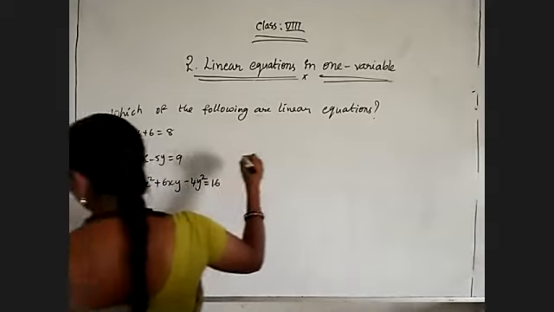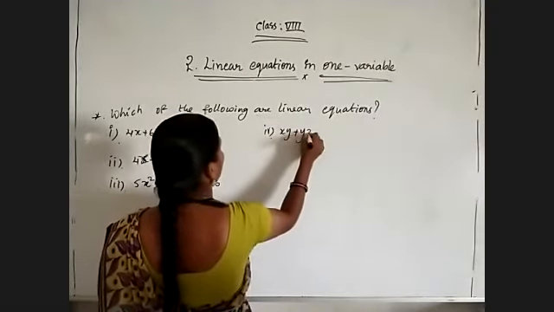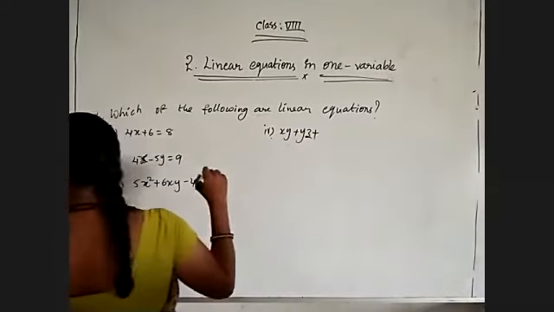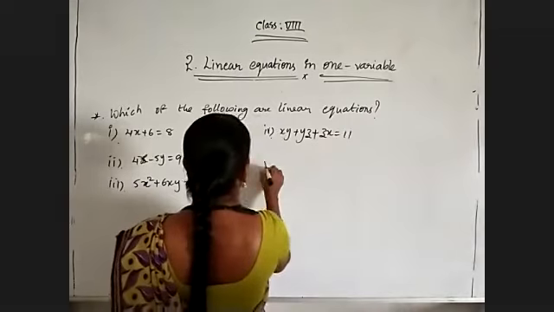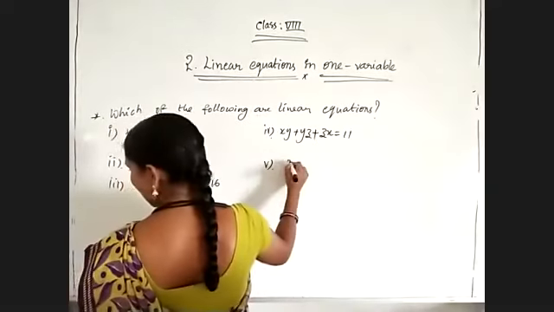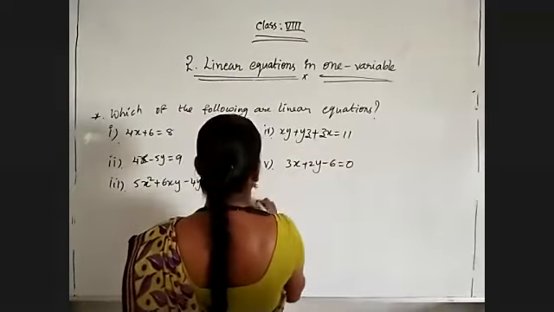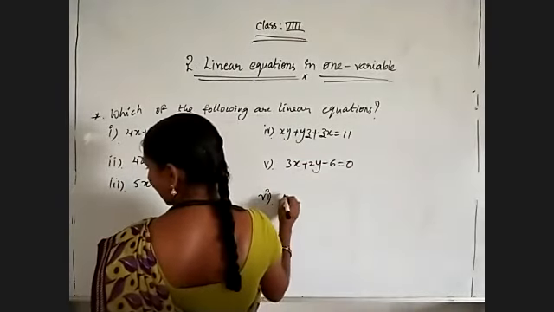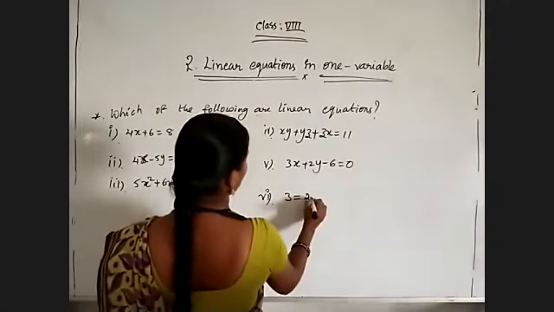And coming to the fourth question, xy plus yz plus zx is equal to 11. And fifth question is 3x plus 2y minus 6 is equal to 0. And sixth problem is 3 minus 3 equal to 2x plus y.